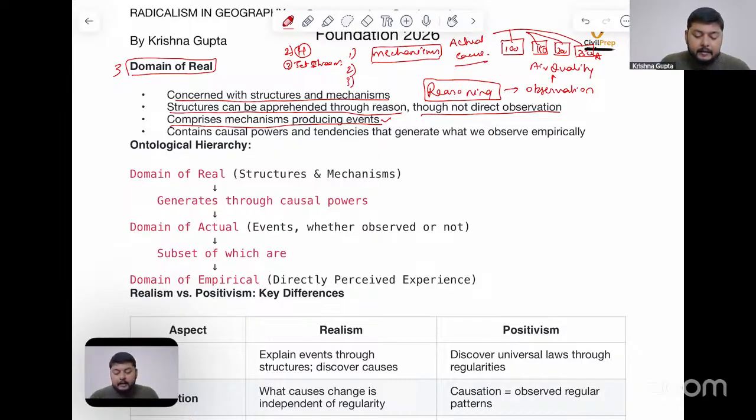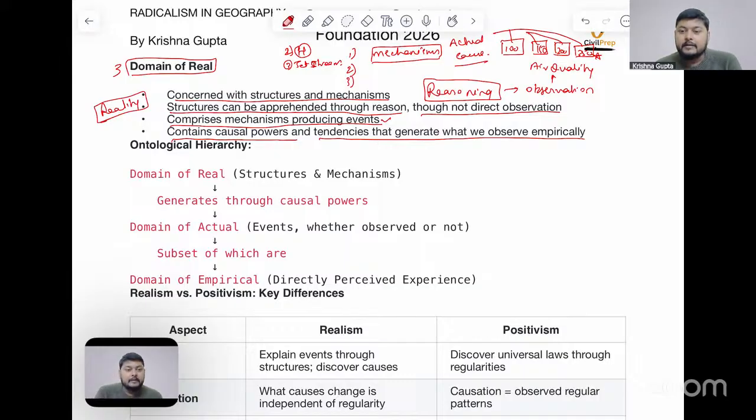Then it contains causal powers and tendencies that generate what we observe empirically. So what we are observing, we can interrelate with the causal powers and the tendencies which are contained by it. In this way, we can see what reality is. So this can be understood here.